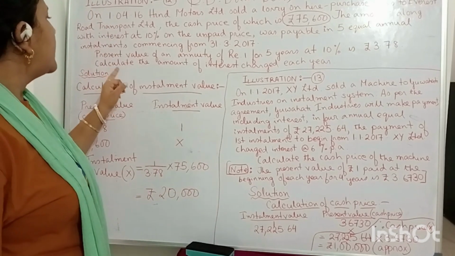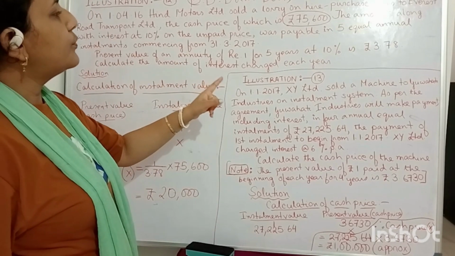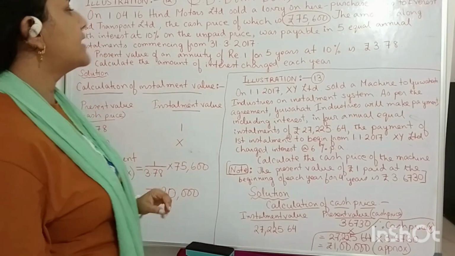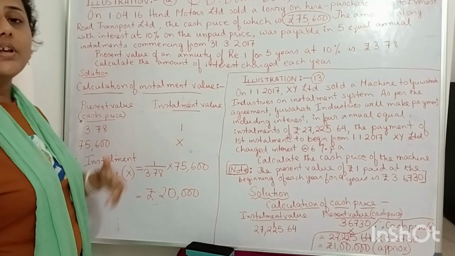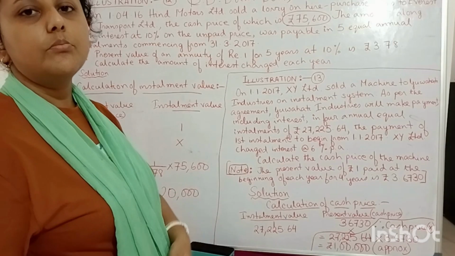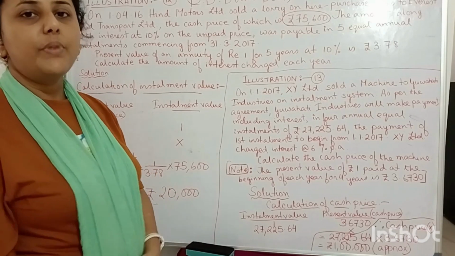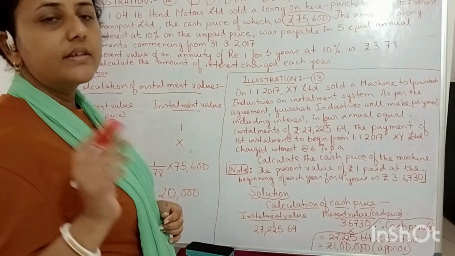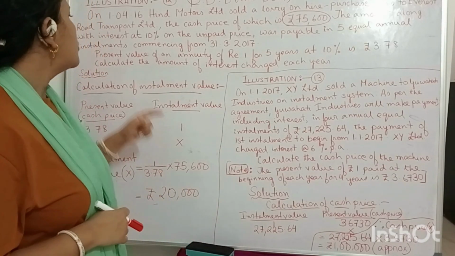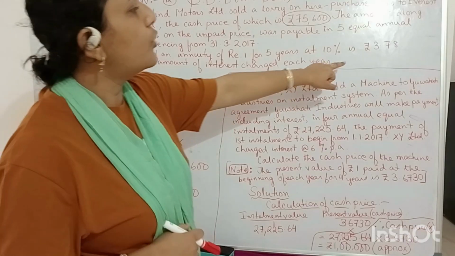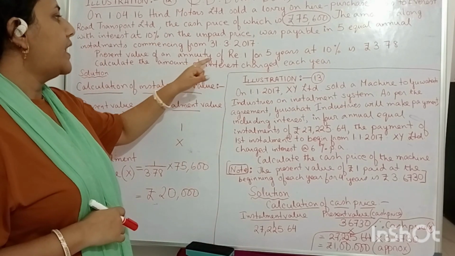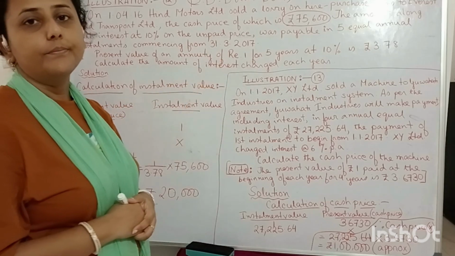Present value of an annuity of ₹1 for 5 years at 10% is ₹3.78. So present value means what? As I said in my last lecture, it is the cash price of the asset. So present value is 3.78 for an annuity of ₹1.